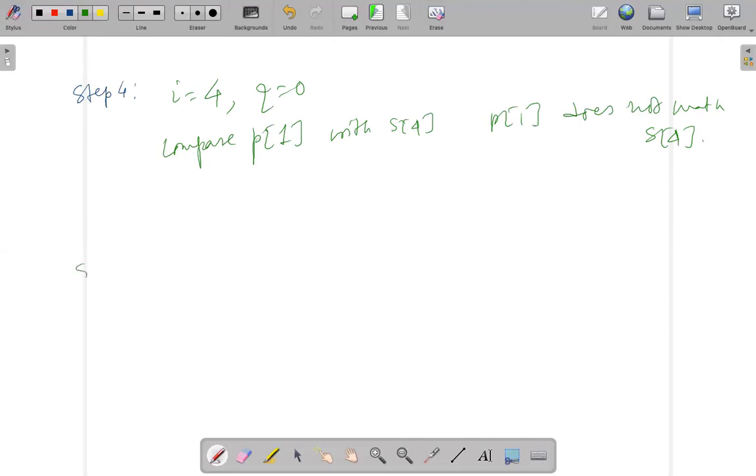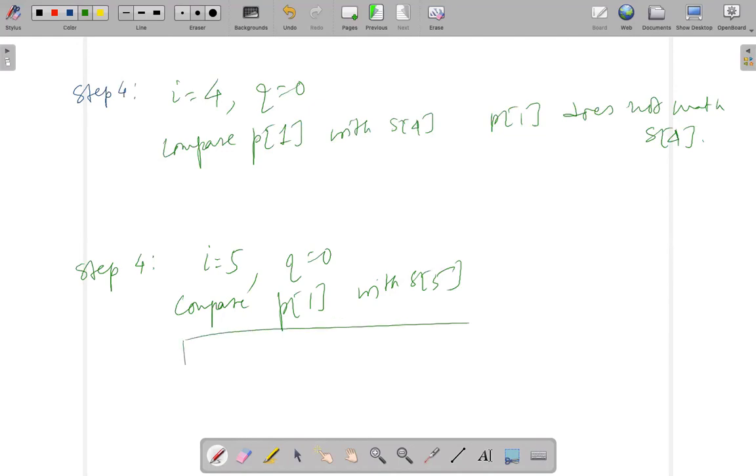Then in step 5, I equals 5 and Q is still at 0. So now we compare P1 with S5. And there is a match, right?